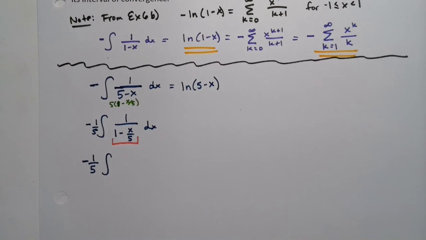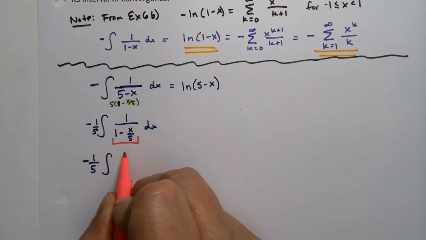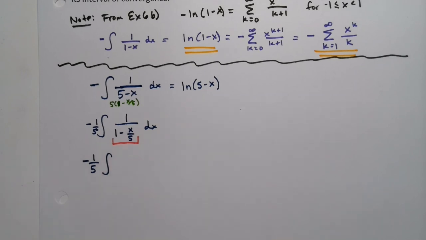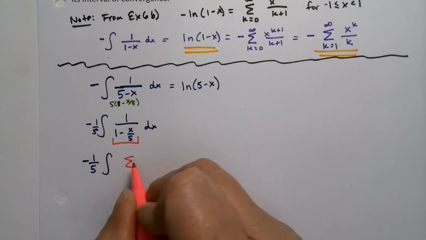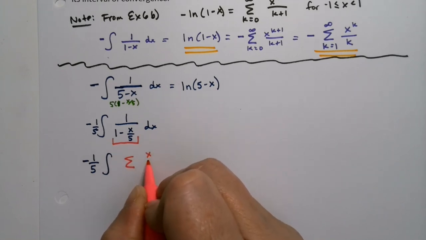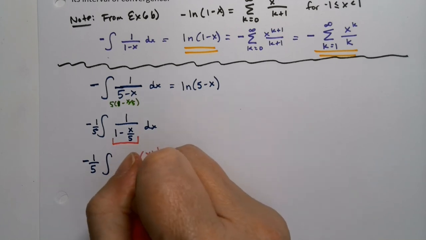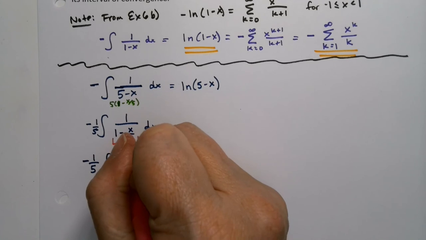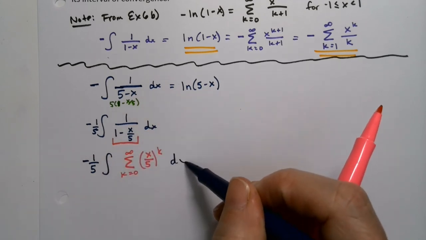We already did this. So this one right here, 1 over 1 minus that, should be equal to the integral of this sum, x over 5 to the k, where k starts at 0 and goes to infinity. And I still have my dx right here.